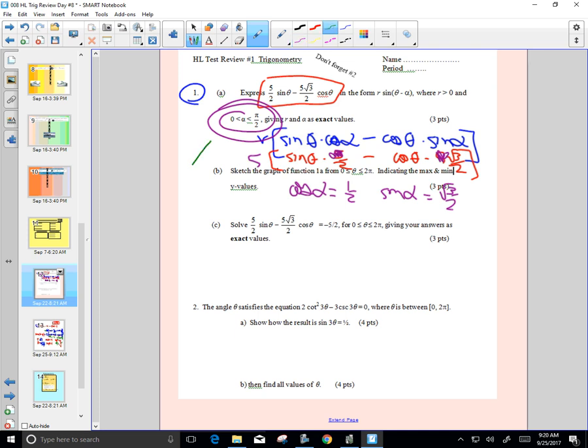Quadrant 1, and you have the sine is square root of 3 over 2, and the cosine is 1/2. So which angle is that? Pi over 6 or pi over 3? Pi over what? 3. Yep, 60 degrees. So there's your r is 5, and your alpha is pi over 3. You didn't even need a calculator for that.